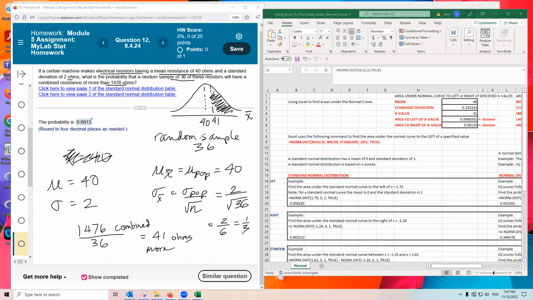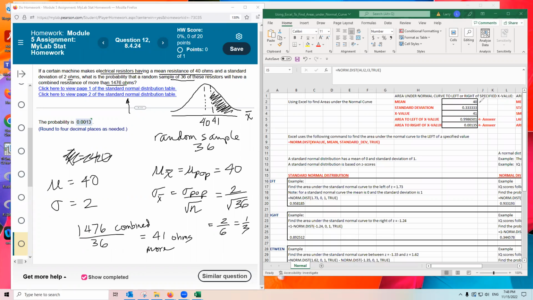Well, to make this a little easier, I'm going to go to an Excel workbook that finds the area under the normal curve. You could use these tables, but to use those tables, you have to convert to z-scores, and you could definitely do it that way. But I'm going to use this Excel calculator that is posted in course announcements. All right, so I'm going to come here.